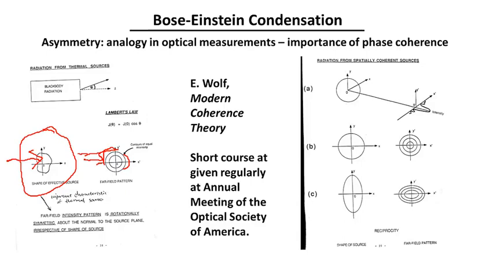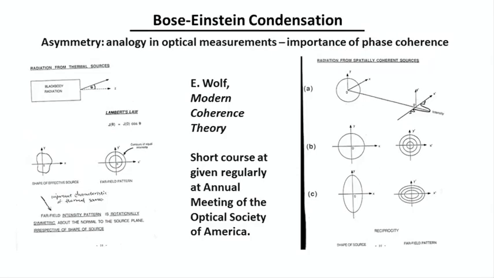For radiation from a coherent source, on the other hand, like a laser, where all the photons have the same frequency, all the same directionality, a common mode structure, then you get a result similar to what we just mentioned for the gases. So if you have coherent radiation incident on a circular aperture, well, then the far field image is circular.